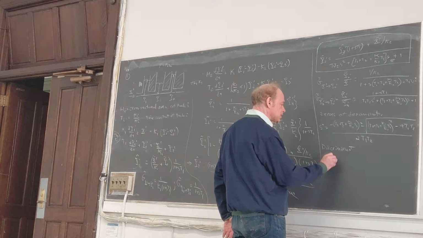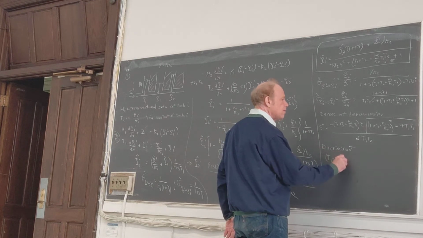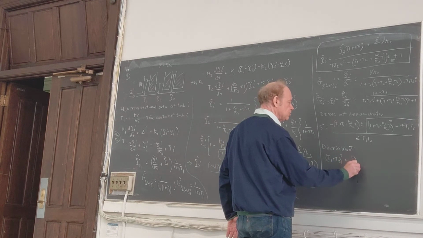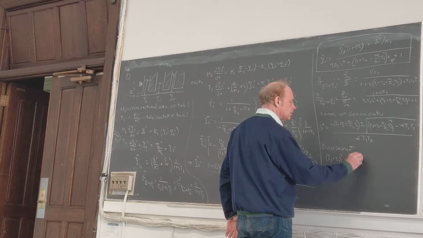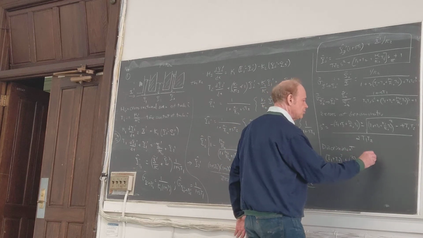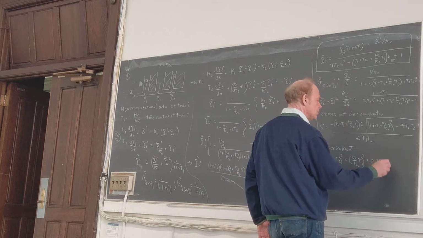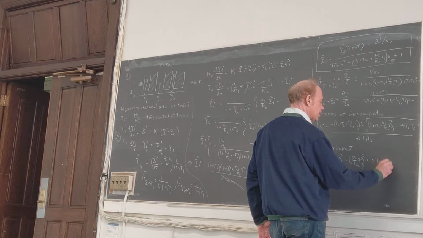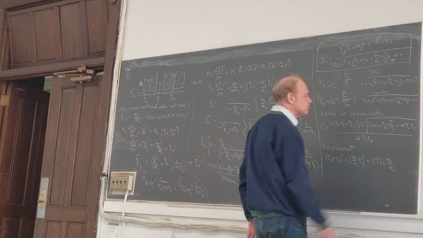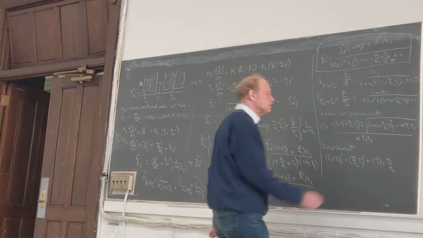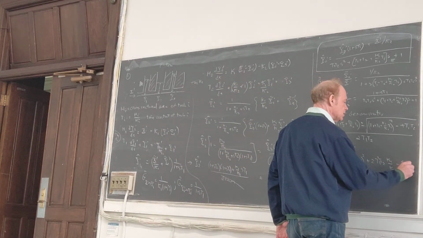So that's T1 plus T2 squared plus K1 over K2 T1 squared plus 2 T1 T2 K1 over K2 T1 squared minus 4 T1 T2.